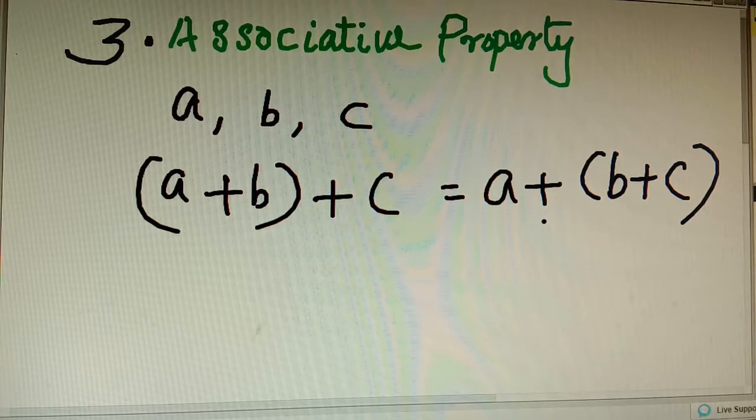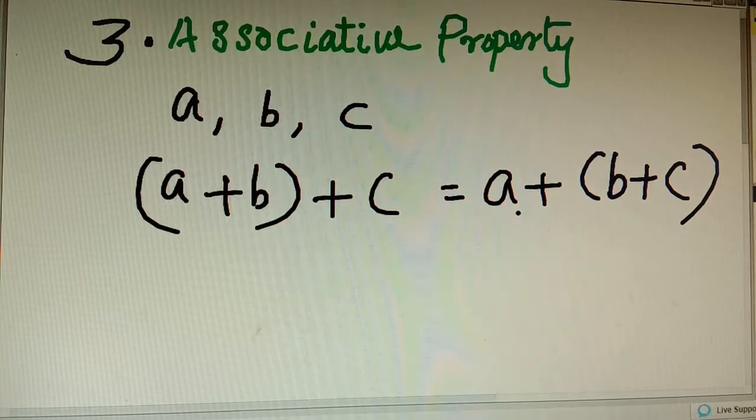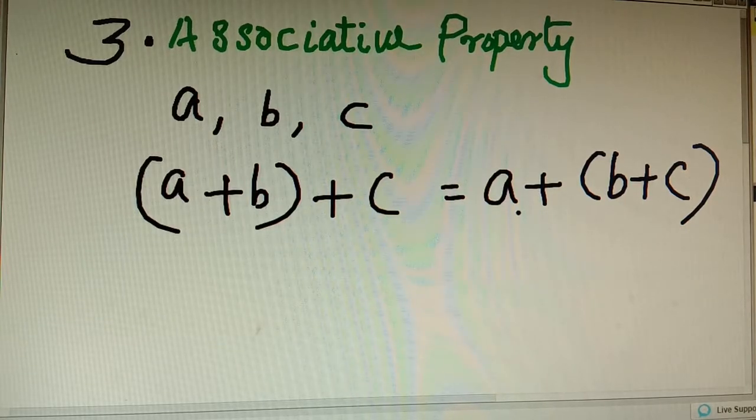That means for any three integers a, b and c, (a + b) + c is equal to a + (b + c). That means first two we add and the answer add with the c, that is same as last two we add and add with the first one. That means we can group the numbers in any order. That is associative property. We can group the rationals in any order.